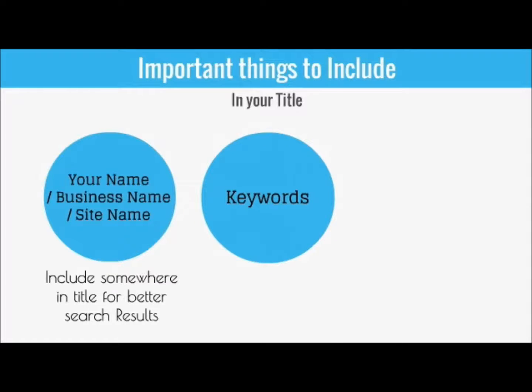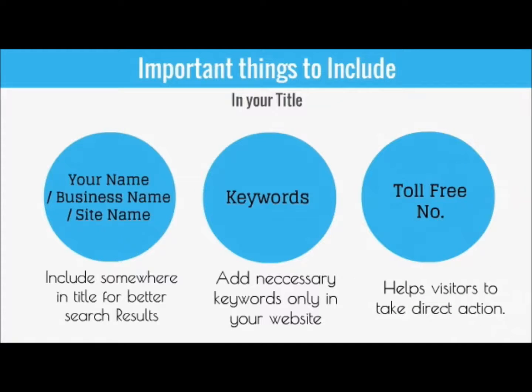Next one is keywords. If you want to rank for certain keywords, it is always good to place some of them in your title tag. A title tag represents the whole flavor and content of your website. Include your toll-free numbers. Including your phone number in the title tag does help your visitors to take a direct action. It also makes your site look more professional.